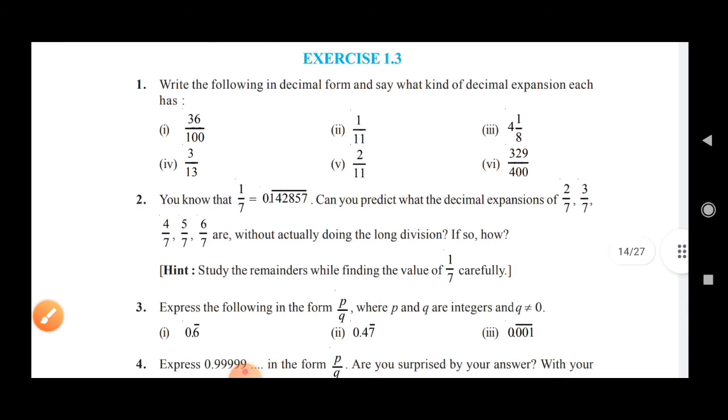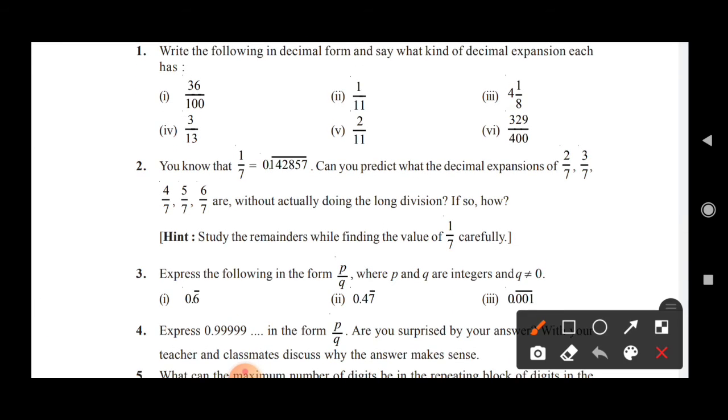You can see in question number 2, you know that 1 by 7 is equal to 0.142857, but can you predict what the decimal expansions of 2 by 7, 3 by 7, 4 by 7, 5 by 7, 6 by 7 are?